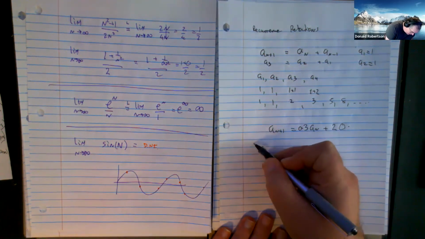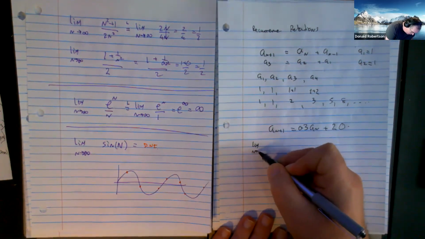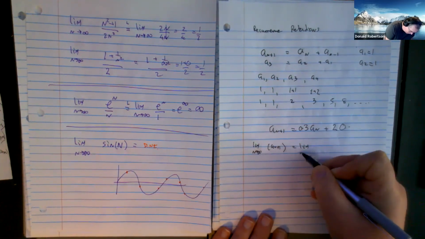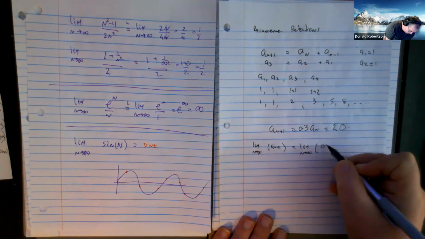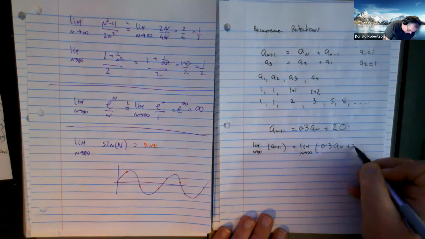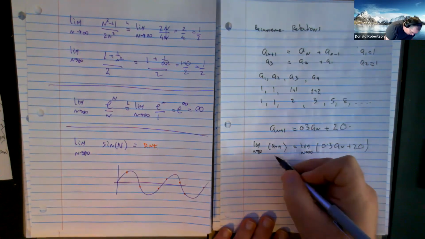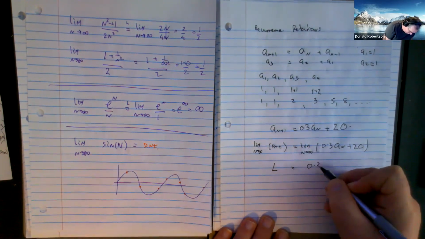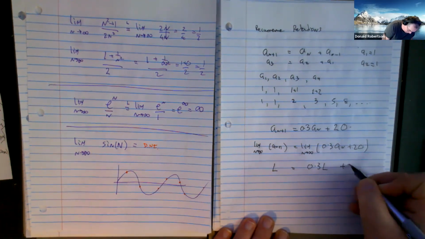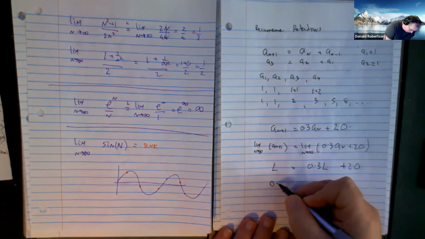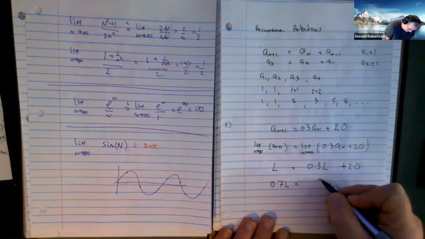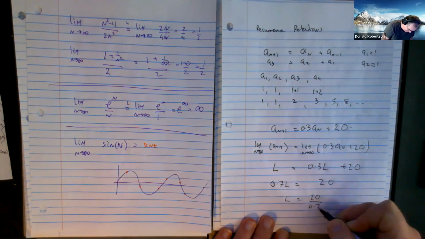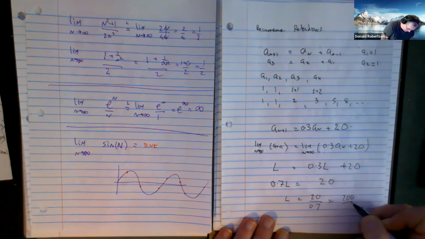If you take the limit as n tends to infinity of both sides, call that guy L. This guy, 0.3L plus 20. Subtract, and the answer is that.